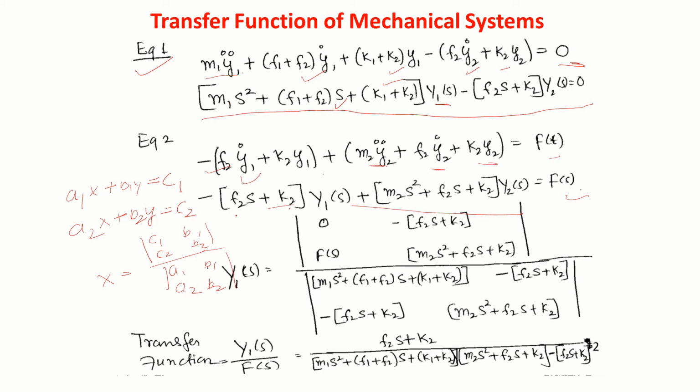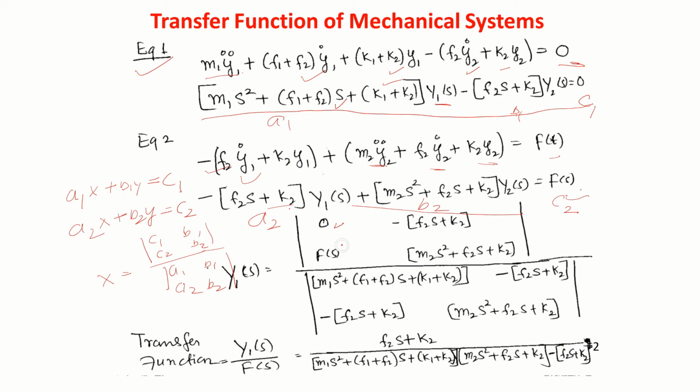Okay, so now you consider this is A1, this you consider as B1, this as C1, this as A2, this as B2, this as C2. So you replace A1 A2 by C1 C2 because we are solving for Y1.